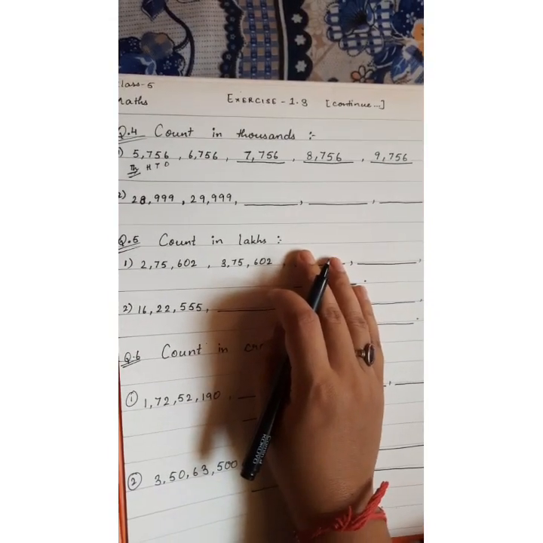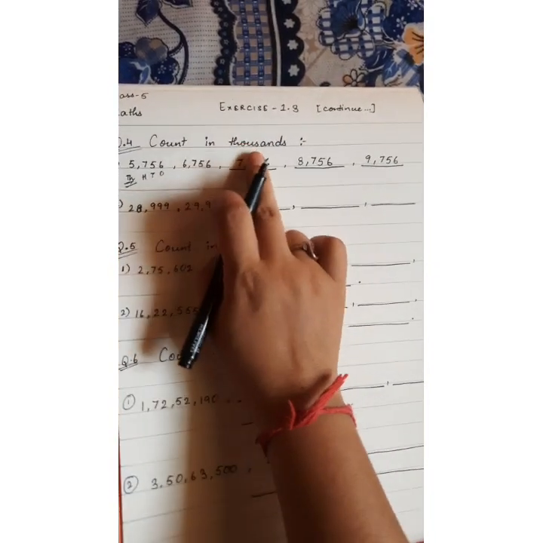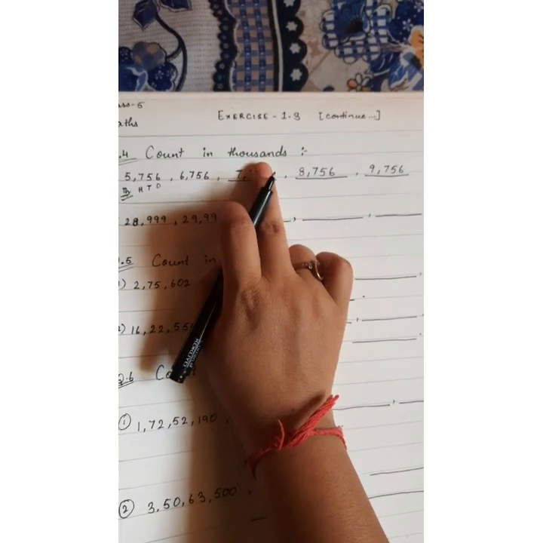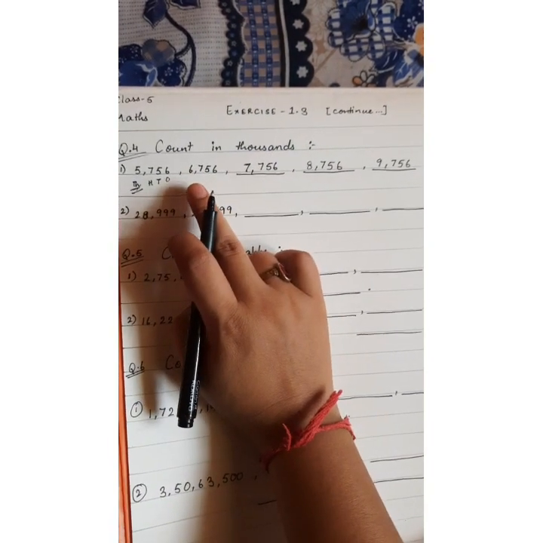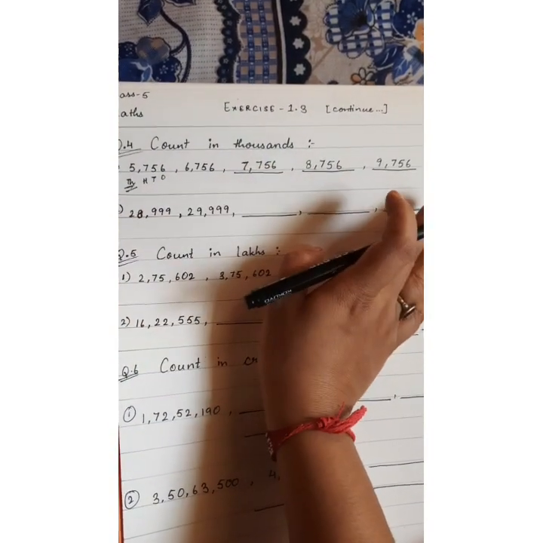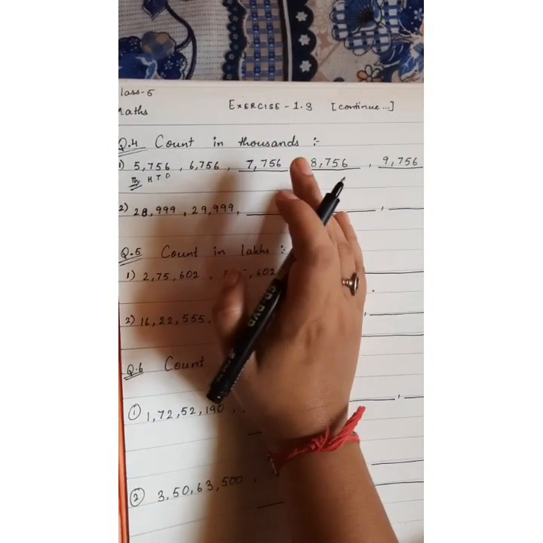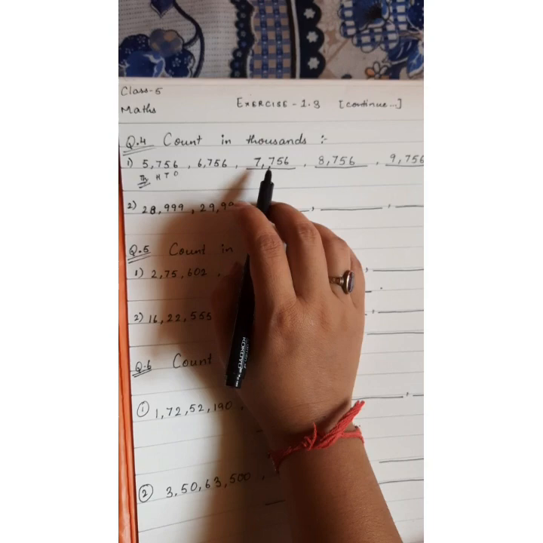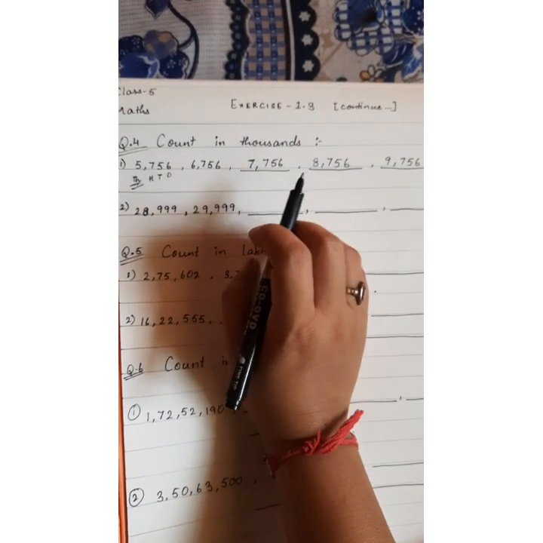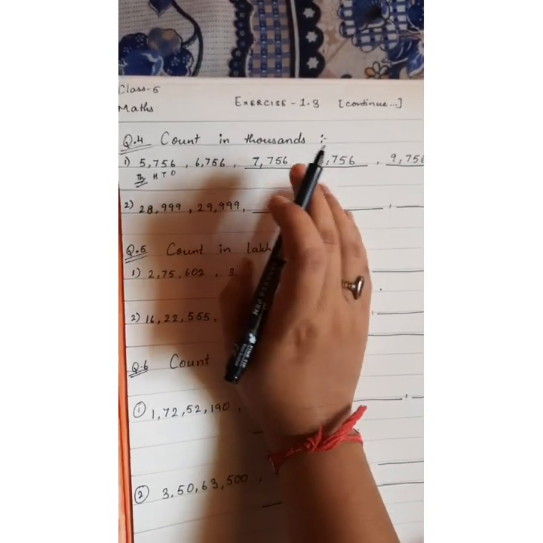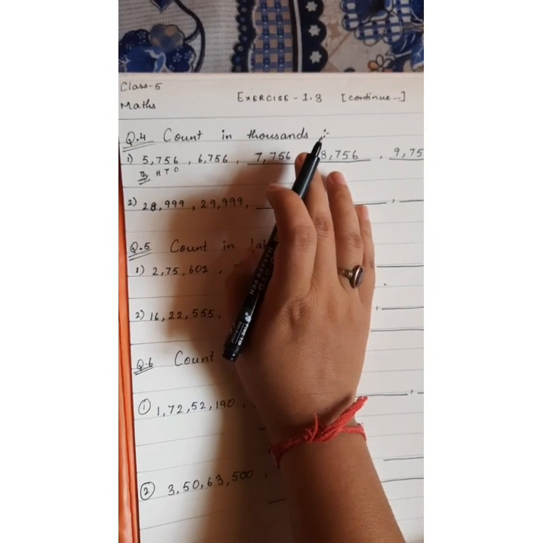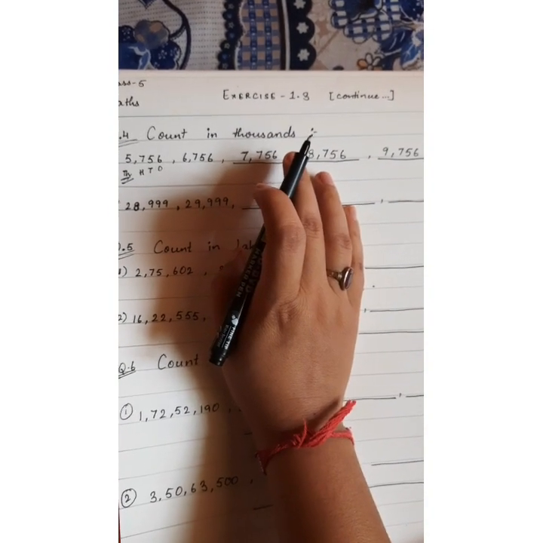What you have to keep in mind is you have to see the question. If it is said 1000, you have to change the number at 1000 place only. If it is said 100, you have to change the number at 100 place only. If it is said to change in lakhs, you have to change the number at lakhs position. So like that we have to go.